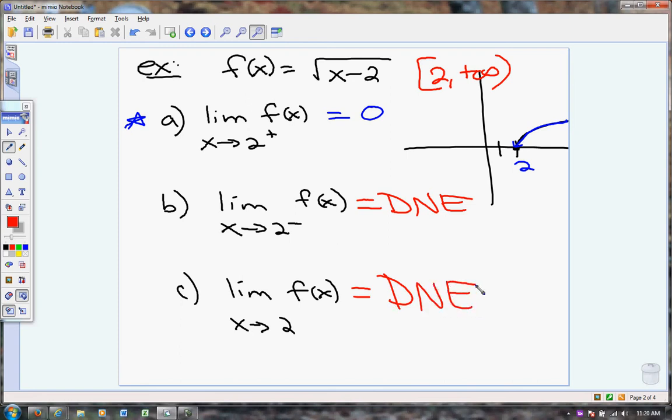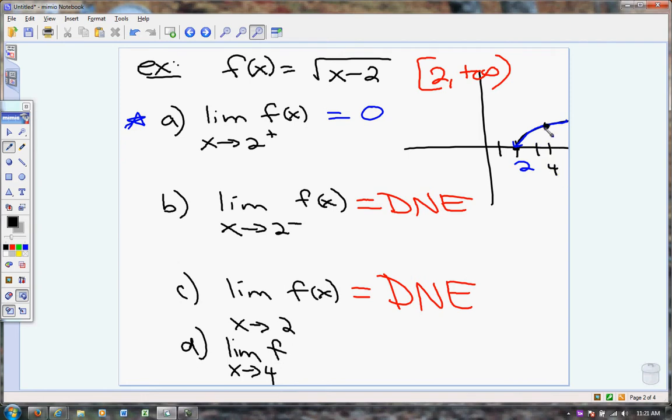Now, just to keep you straight on this, what if I would have added a part D and said the limit of this function as x approaches 4? Just so that we can keep our skills sharp. What would that be? The limit as x approaches 4, well, isn't 4 over here?